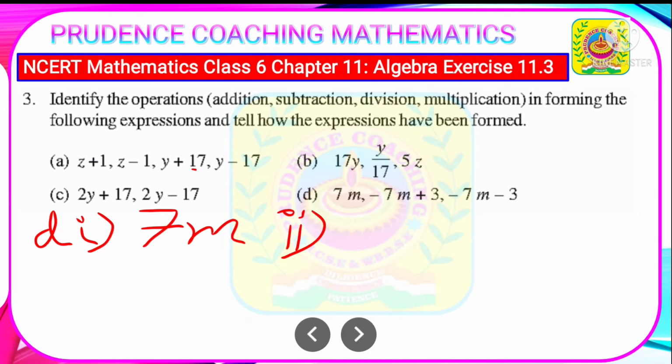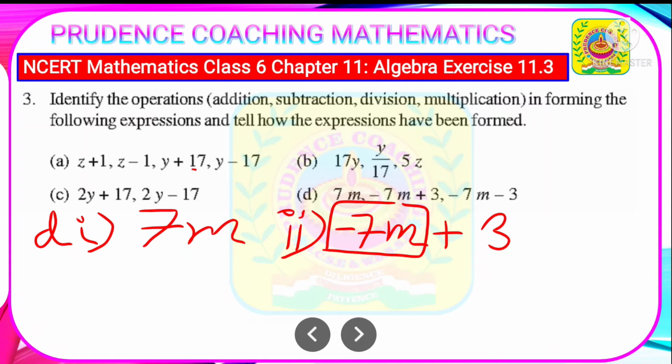And D Roman 2. Here we have minus 7m plus 3. As you can see, this is the first term. After that we have plus 3, that is our next term. Whenever you get a minus sign in the beginning of the expression, that will not be considered as an operation. It is a sign of this constant only.